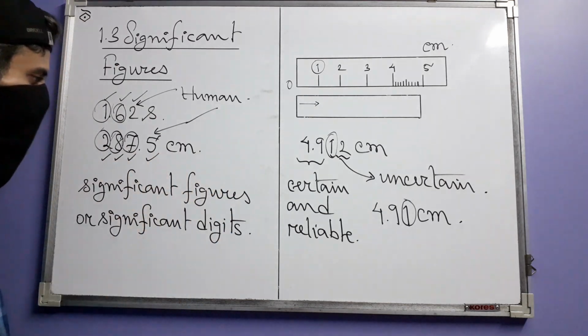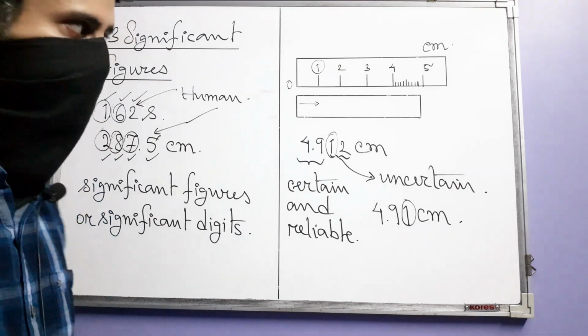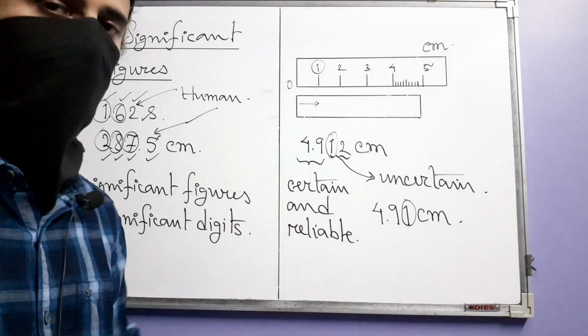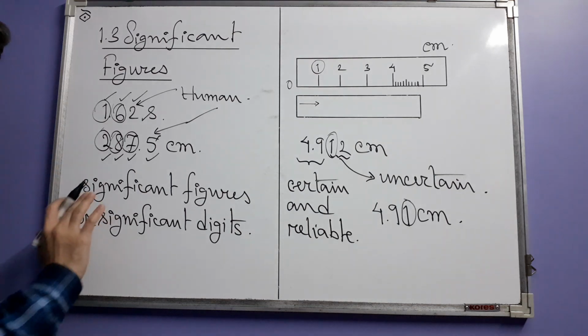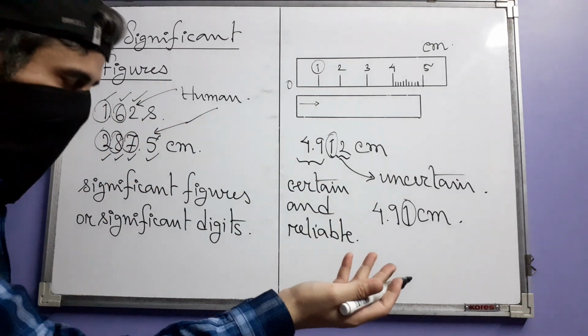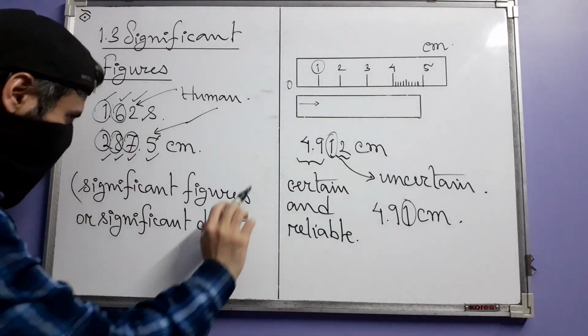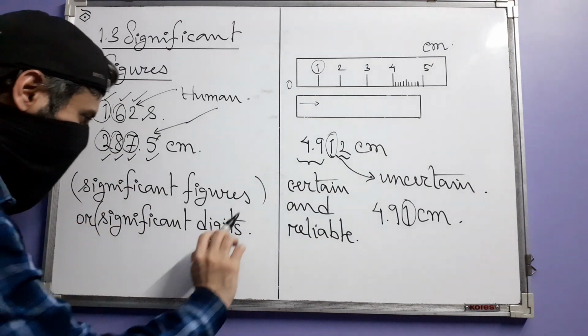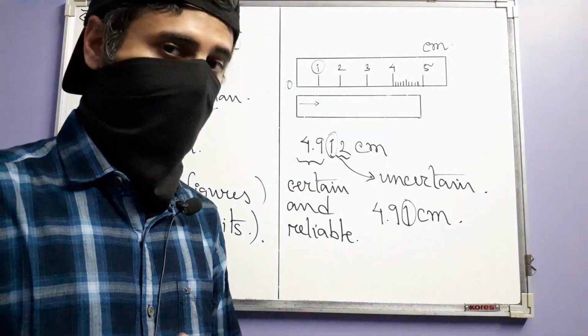This 0.5 has come from some kind of guesswork, like how we guessed 1 here. All the certain digits as well as that uncertain digit are called significant figures or significant digits. Okay, so that's what they are.